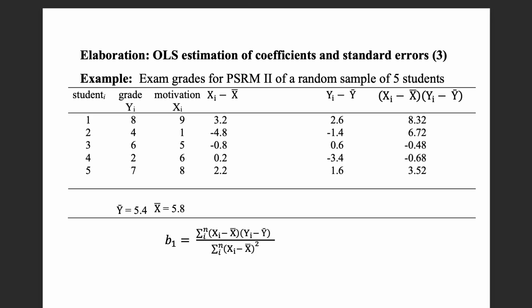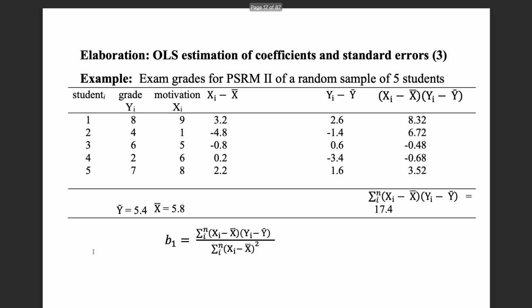We can do this for all the different students, multiplying the two deviation scores, and then we get this multiplied deviation score of x and y for each student. So now we have all those individual values. We still need to add them all up for all the individual students across the entire sample, indicated by the summation sign here.